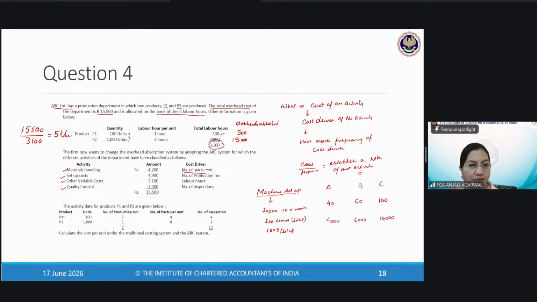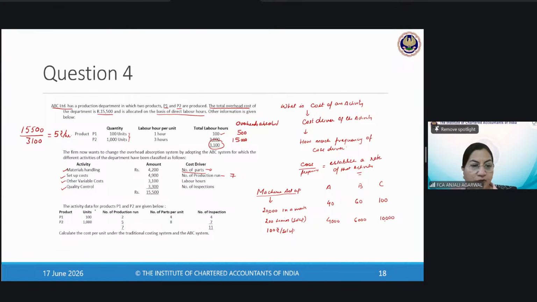Here is another piece of information. P1, P2, two products, units 100 and 1000. Number of production runs, 2 and 5, so the total number of production runs is 7. The number of parts is per unit, while the production runs are total.